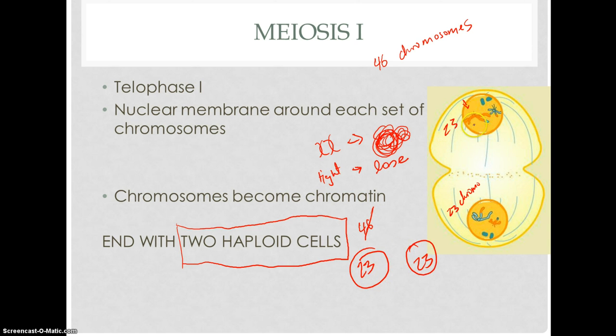So we have 2 cells with 23 chromosomes rather than 46. And again, this is an example of a human being, not another animal. Other things that occur is a nuclear membrane forms around each set of chromosomes. So this right here is the nuclear membrane. And that is meiosis 1.